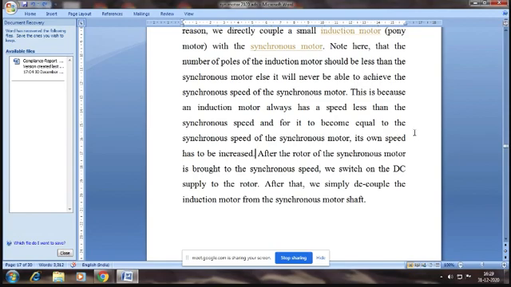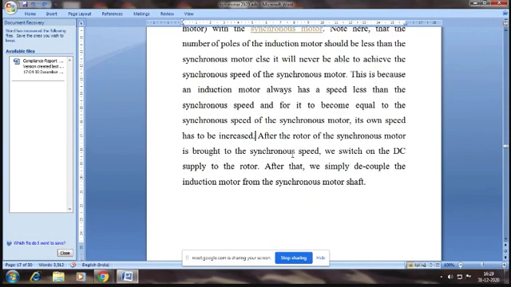Now, after the rotor of the synchronous motor is brought to synchronous speed, that means we apply voltage to the induction motor, which rotates the shaft at synchronous speed, and in turn the rotor of the synchronous motor also rotates at synchronous speed. Then we switch on the DC supply to the rotor. Only then do we excite the synchronous motor.